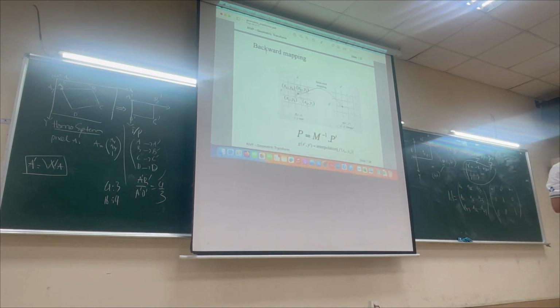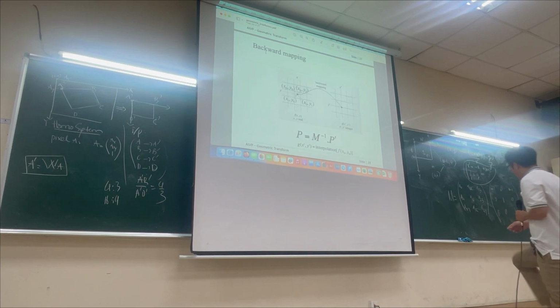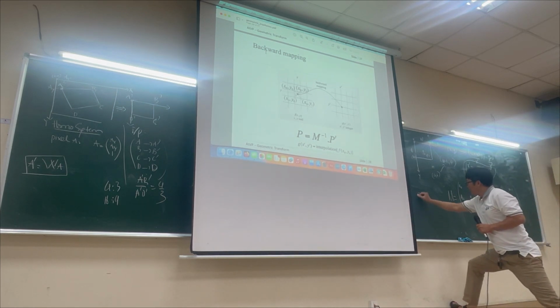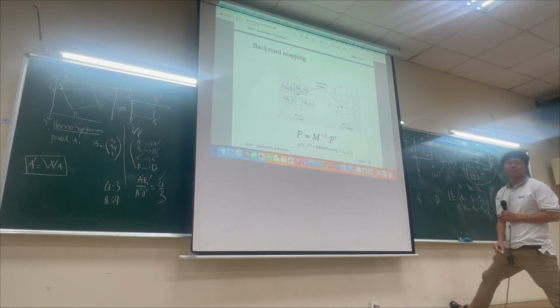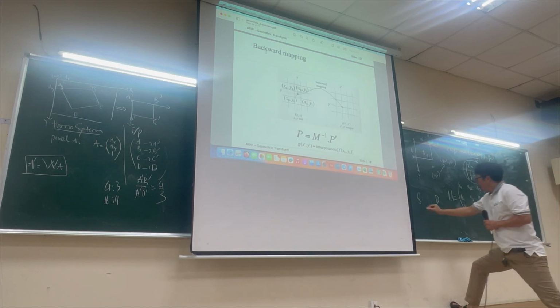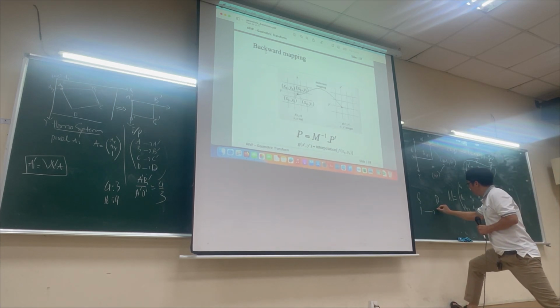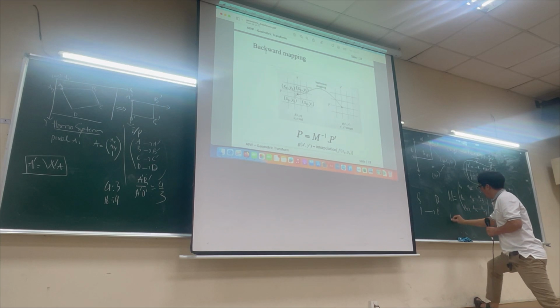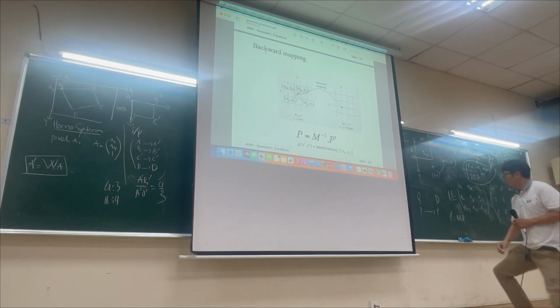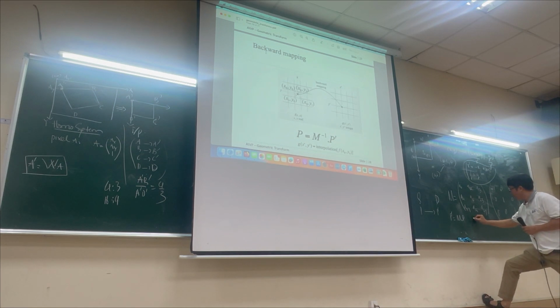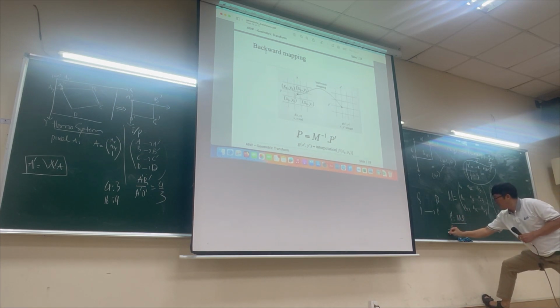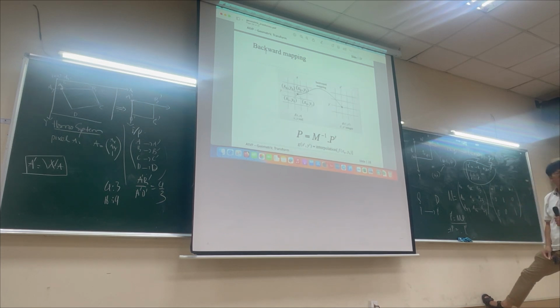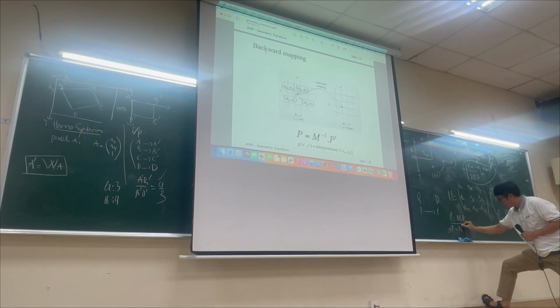Why do we call it backward, and why forward? We talk about source and destination, right? Here P in the source, you map into here P prime. So P prime is equal to matrix M multiplied by P. So how to get P? P equals M inverse multiplied by P prime.